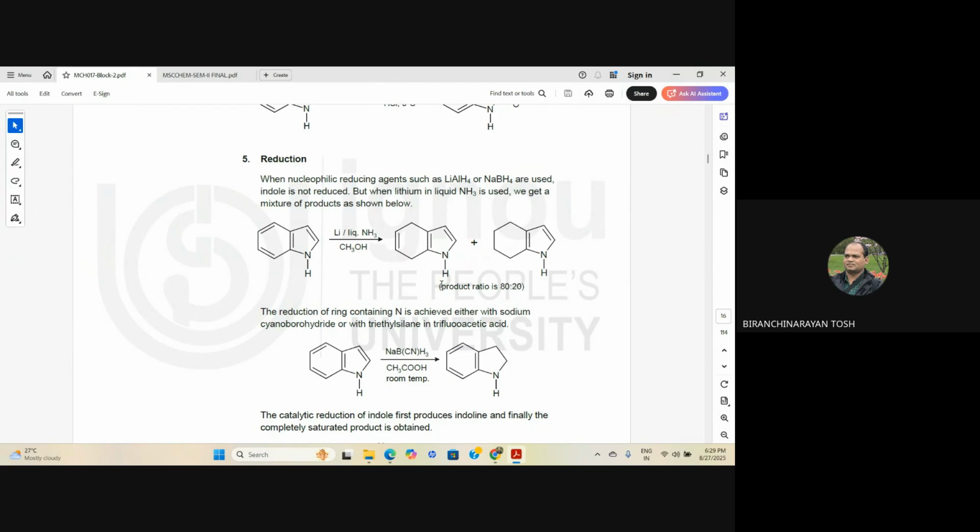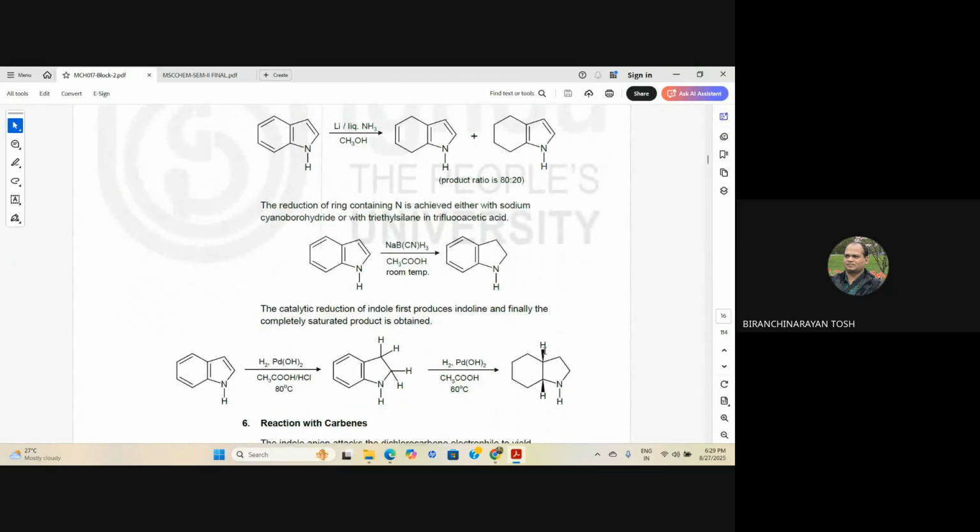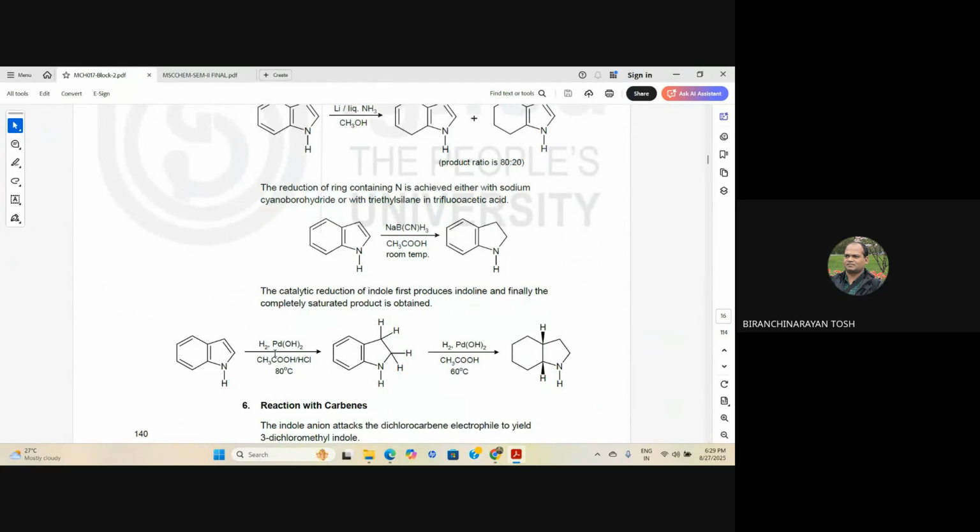But when you are taking sodium cyanoborohydride or triethylsilane in trifluoroacetic acid, then the ring containing nitrogen gets reduced. Then, if you are doing catalytic reduction, then both benzene and the 5-member ring, everything will be reduced.